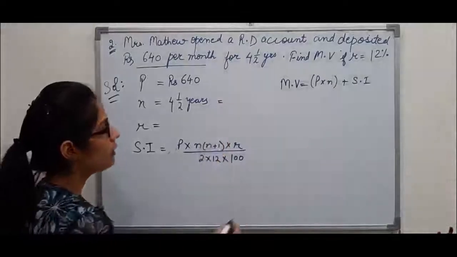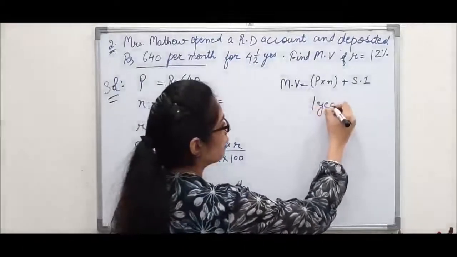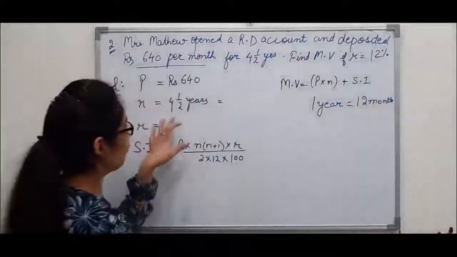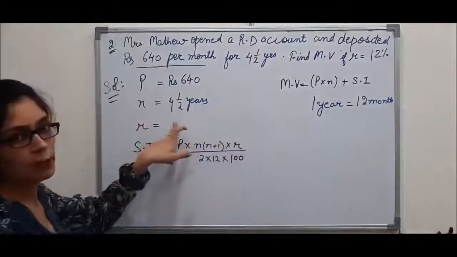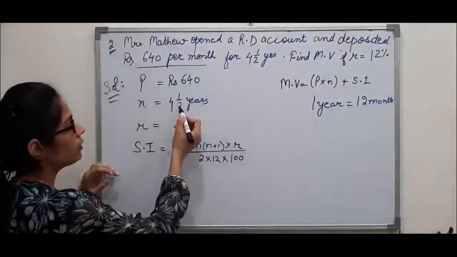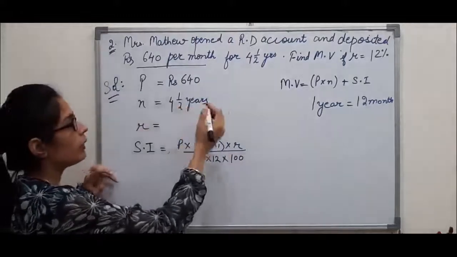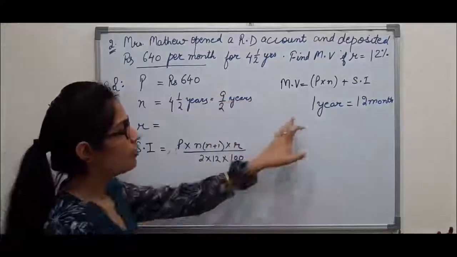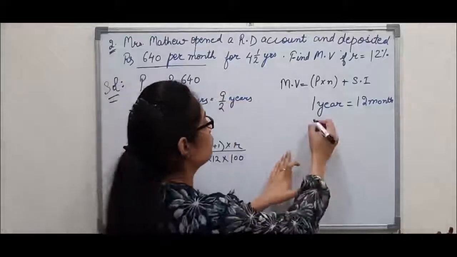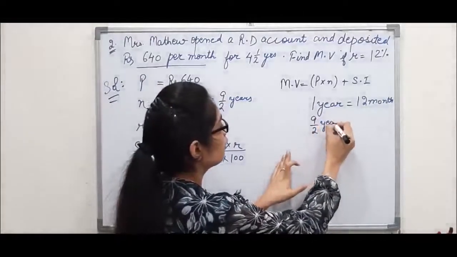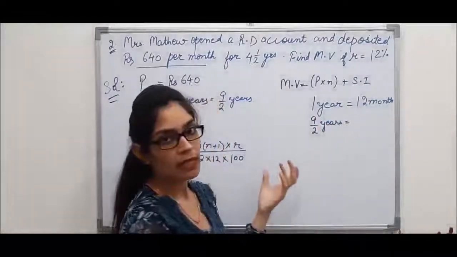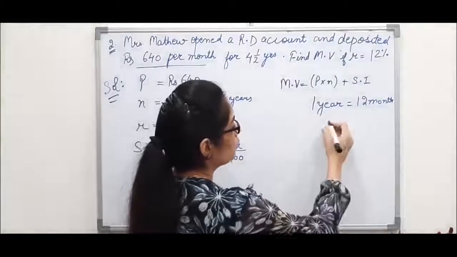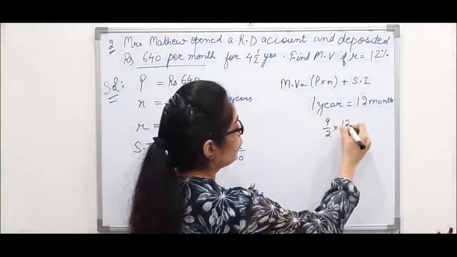I know 1 year is equal to 12 months, and since this is given in mixed fraction, first we will change it into simple fraction. 4 into 2 is 8, 8 plus 1 is 9, so it will be 9 by 2 years. 1 year is equal to 12 months, so whenever we have to convert years into months, we will multiply by 12. So 9 by 2 will be multiplied by 12.